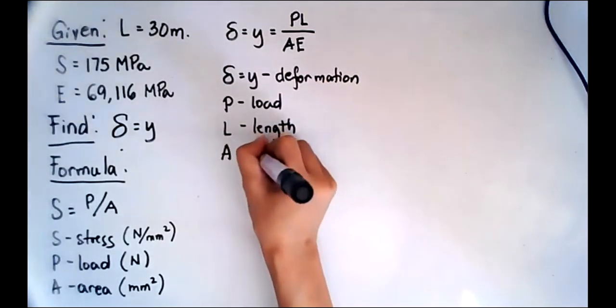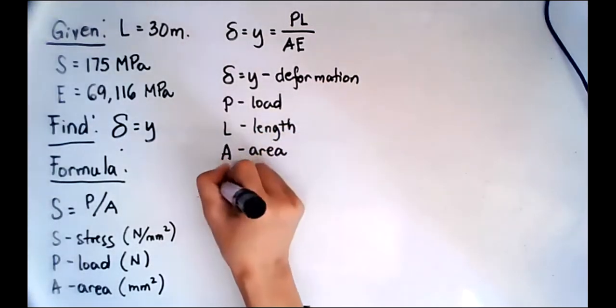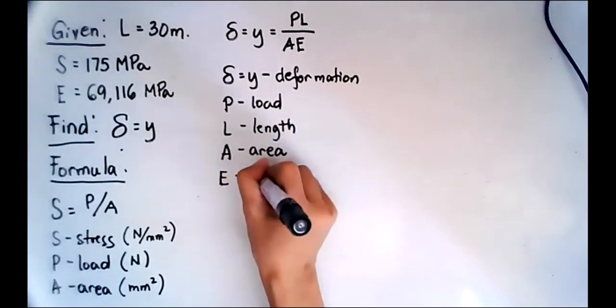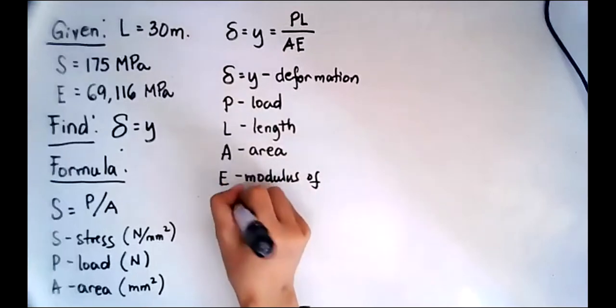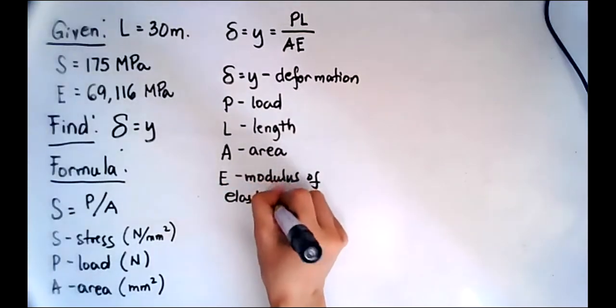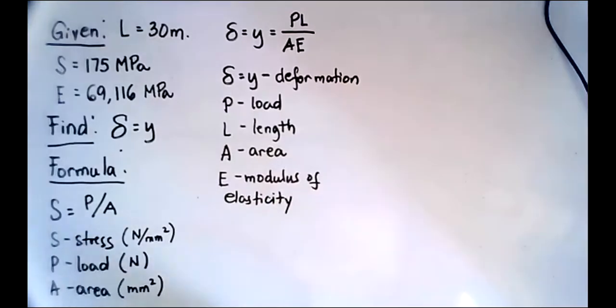A is the area of the materials. And E is the modulus of elasticity, depending on the kind of material. Again, I mentioned a while ago that the modulus of elasticity will be dependent on whether the material is steel, plastic, rubber, or whatever. So we have a varying value for the modulus of elasticity. So these are the formula that we can use.